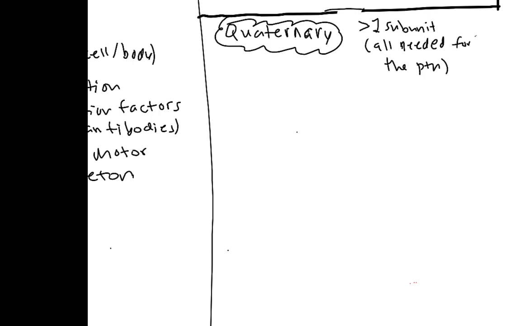Okay, so let's look at a representation of this. So I'm going to draw one in my black color. So we've got some alpha helices, we've got some beta pleated sheets, we've got it held together in a 3D structure. So there's one subunit. I'm going to draw a second subunit in a different color.